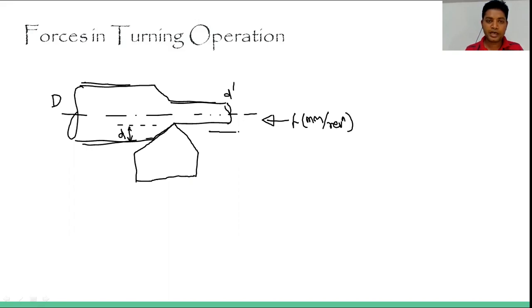So one force is required in this direction, which we call Ff, the feed force, because we are holding the tool over the tool post and giving a feed in this direction. We also call this the axial force because the cutting operation occurs along the centroidal axis, so that's why we call it the axial force.